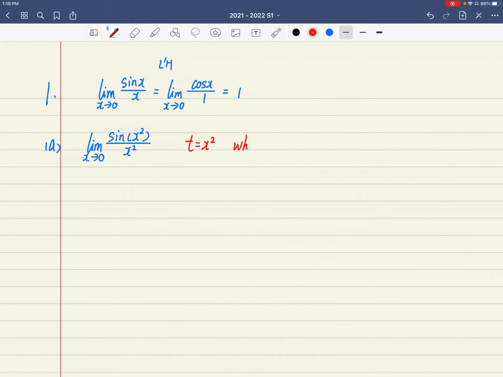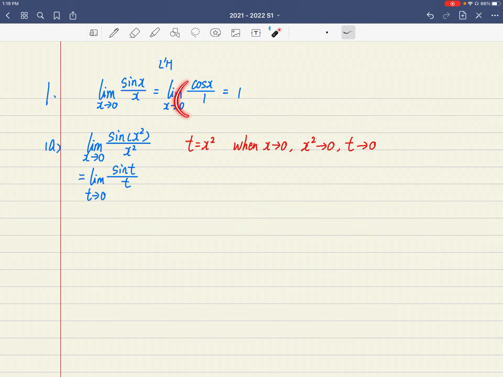Then when x is approaching 0, t, which is x squared, is also approaching 0. So you can rewrite this limit as the limit of t approaching 0 of sine t over t, since it's no longer x squared, it's t here. And this is exactly 1.